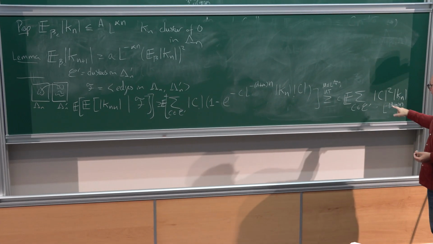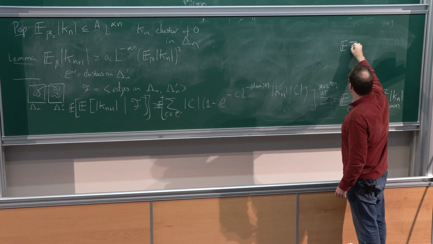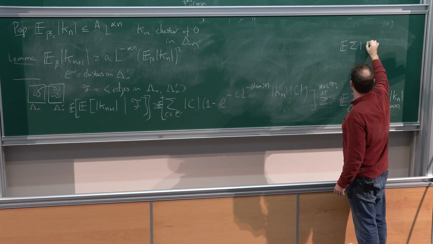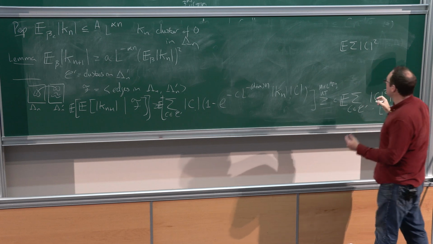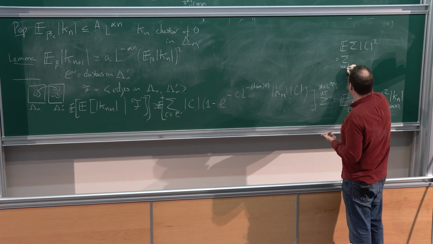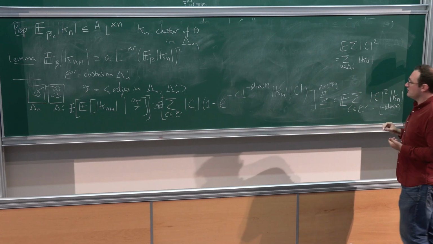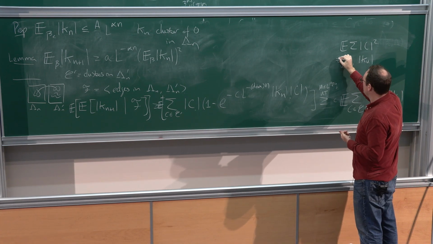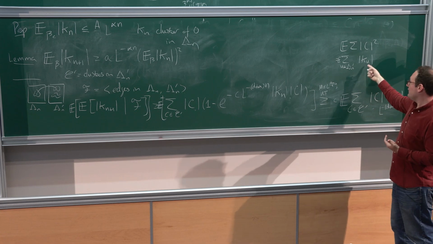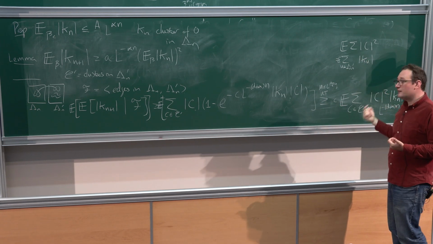And then if I look at the sum over squares, what you can notice is that, well, I could write this equivalently as the sum over all points in the other box of the size of the cluster, right? Because if I do that, each cluster gets counted by the number of points it contains, so you get the square.